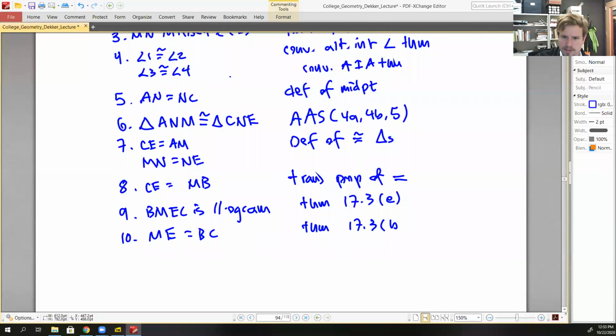So that was by part B. All right, we have that N is the midpoint of ME, and that's simply by the definition. We specified it somewhere along in here. MN is equal to NE. So by the definition of a midpoint, N is the midpoint of ME.